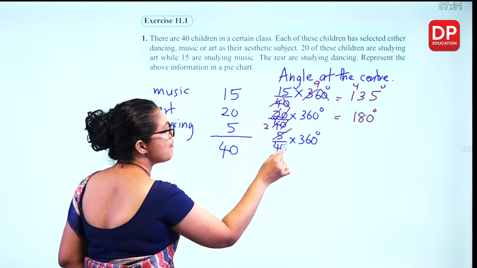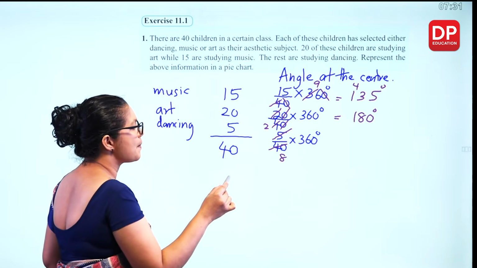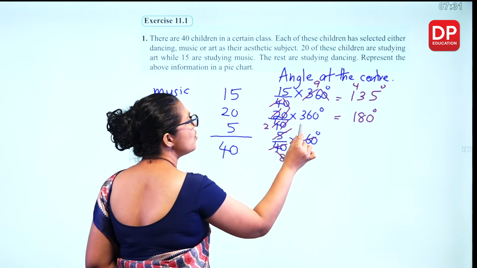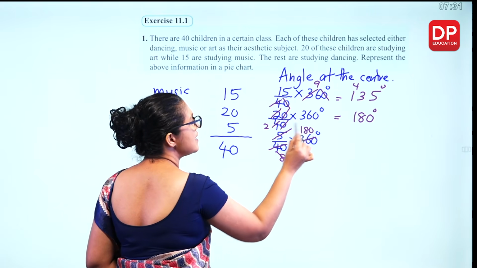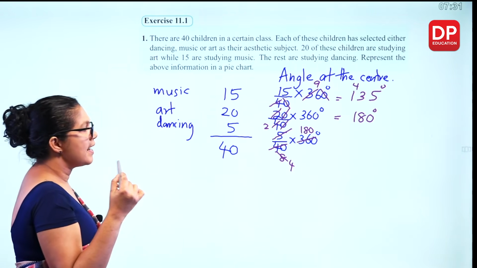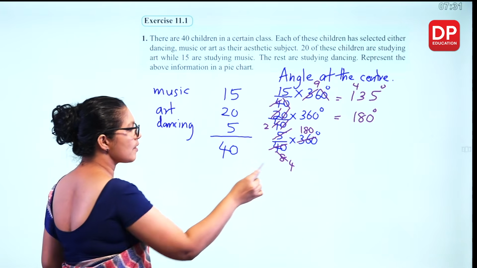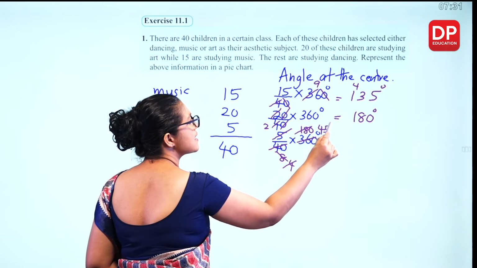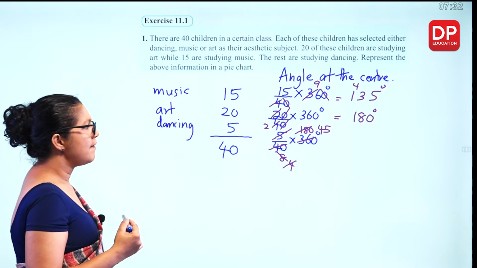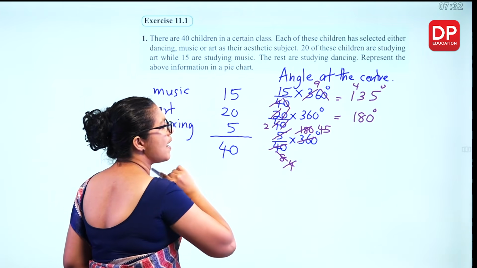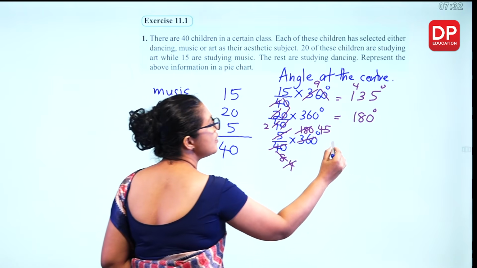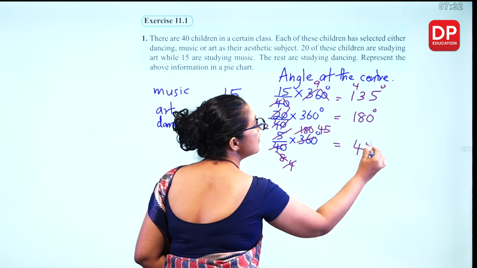What about this one? You can divide by 5. This becomes 8. Divide by 2, you get 4. Divide by 2, you get 180. Again, you can divide by 4. 4 times 4, 16. For 20, that's 5. 45 degrees. 45 into 1, you get 45.